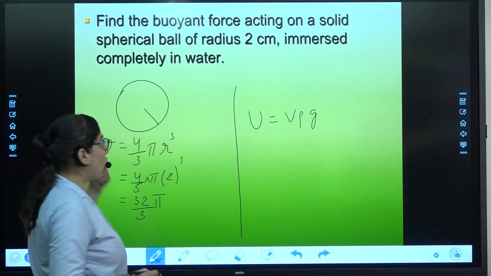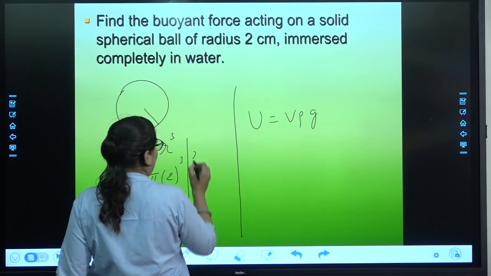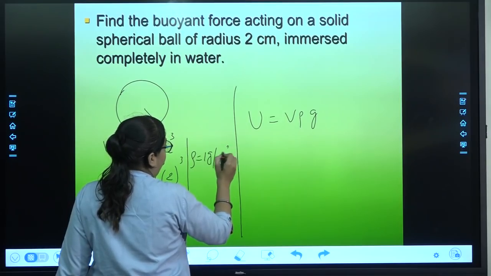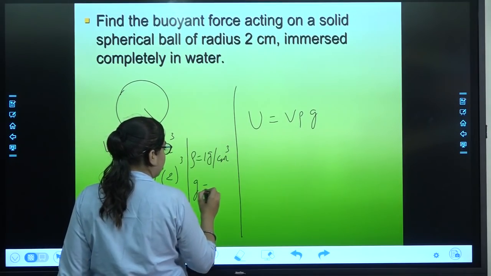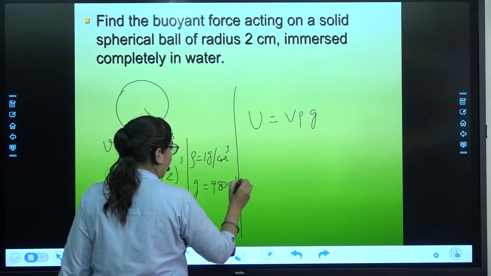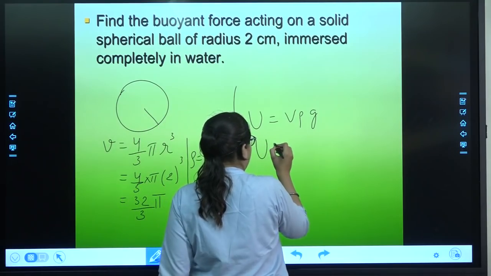Alright, the density of water is 1 gram per centimeter cube. G is 980 centimeter per second square if we convert it into centimeter. So, what will be the upthrust?